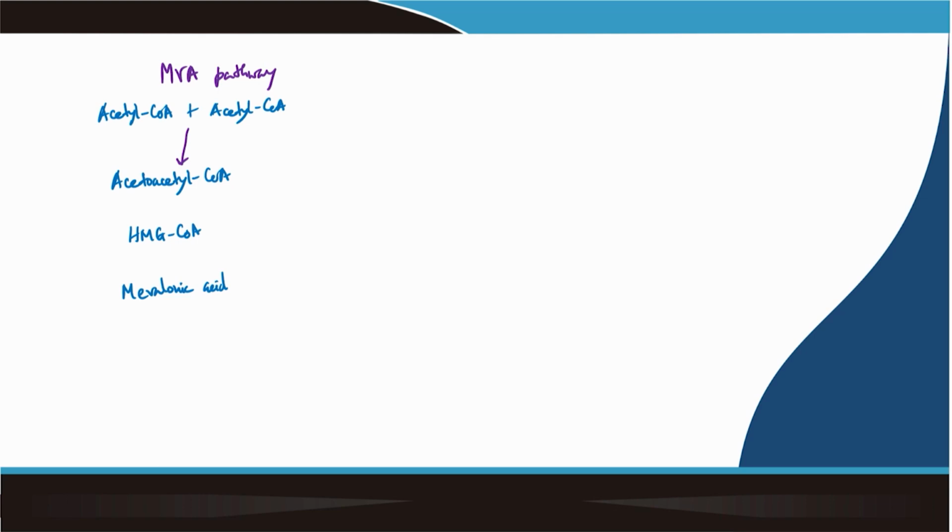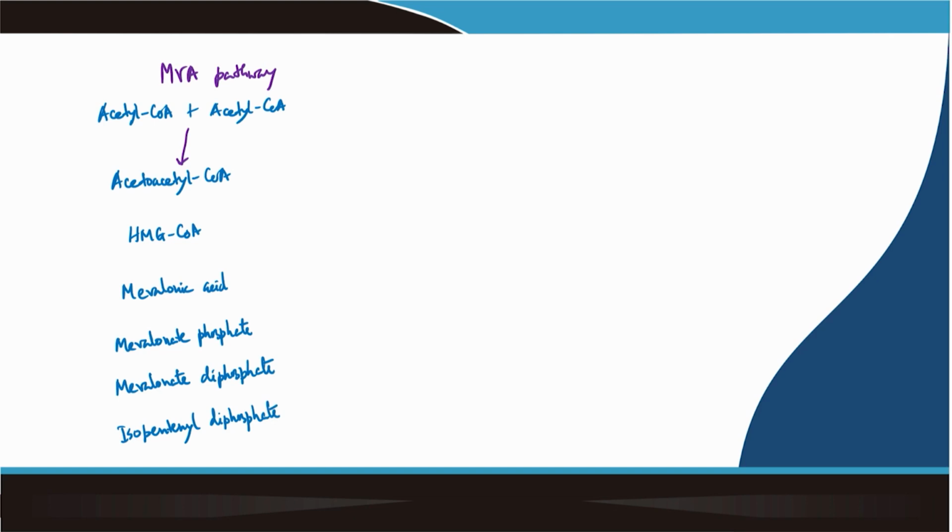Then it will be mevalonate phosphate, then mevalonate diphosphate, then isopentenyl diphosphate or isopentenyl pyrophosphate, which we call IPP.